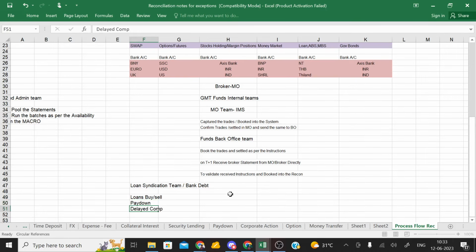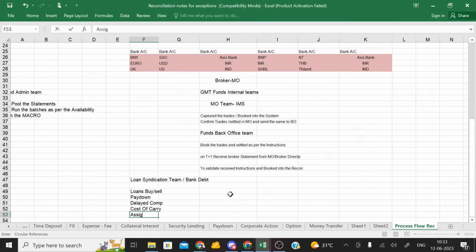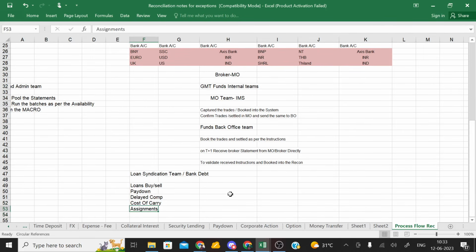delayed comp, cost of carry, assignment fees, transfer fees.